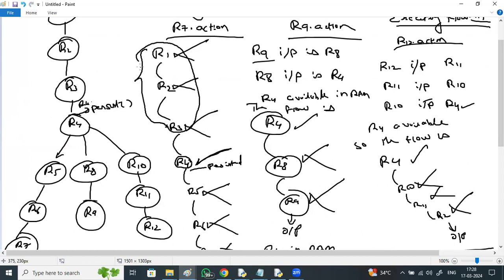Understand here? Until you execute the first R1, R2, R3, you won't get R4. Once you load R1, R2, R3 and compute, the R3 output is nothing but R4. Whatever transformation you perform on R3, the transformation result is nothing but R4. That R4 you persist.